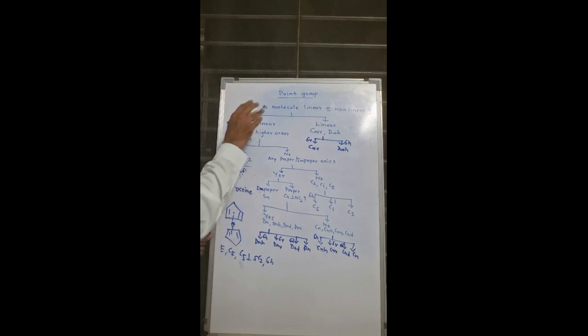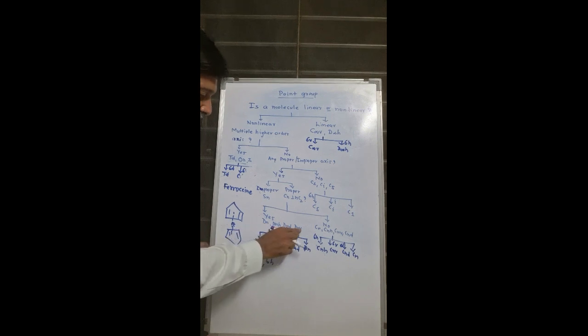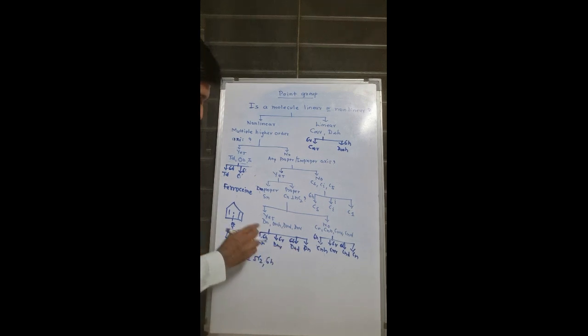So here this is non-linear, multiple order axes are absent, but there is a proper axis C5, and it is perpendicular to 5 C2s, yes. D5, D5H, D5D or D5V. So in this case sigma H is present, which means the point group is D5H.